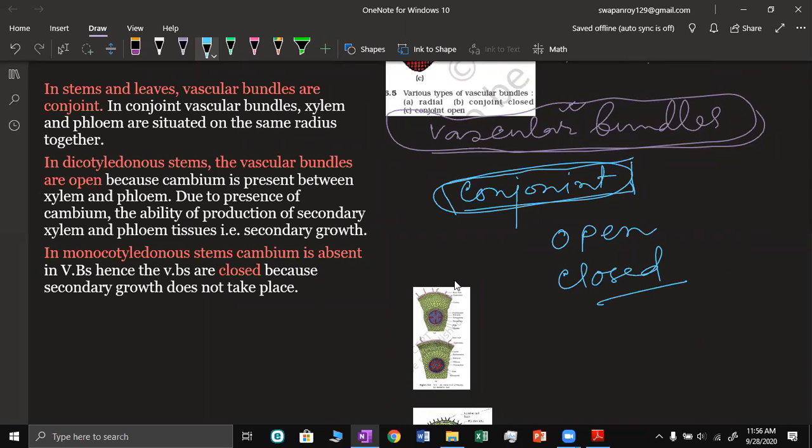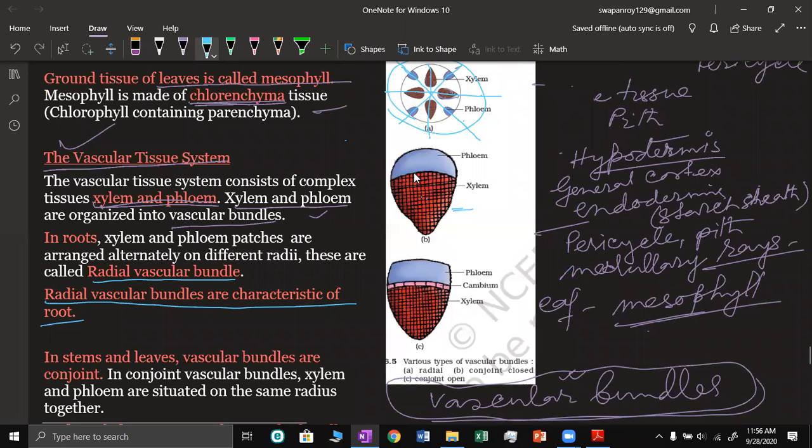So, conjoined vascular bundle. Here you can see this vascular bundle, xylem and phloem are there, and in between there is nothing. But in this vascular bundle, there is xylem and phloem, and in between there is a meristematic tissue, the cambium. This one is cambium.